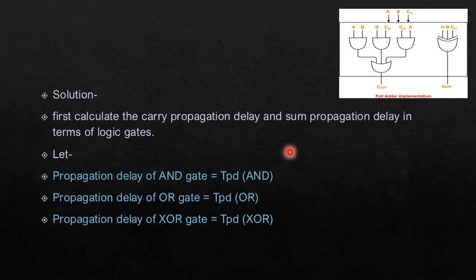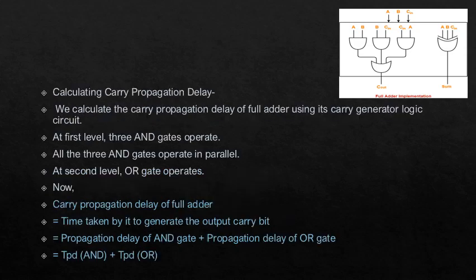Let the propagation delay of the AND gate be TPD AND, the OR gate be TPD OR, and the XOR gate be TPD XOR. Now we calculate the carry propagation delay of the full adder using its carry generator logic circuit. It has two levels in the given implementation.